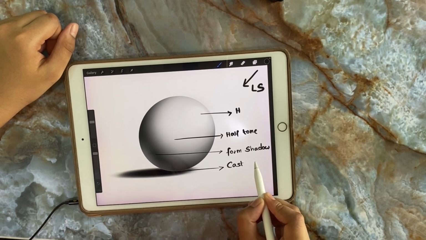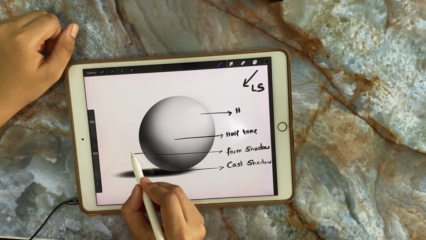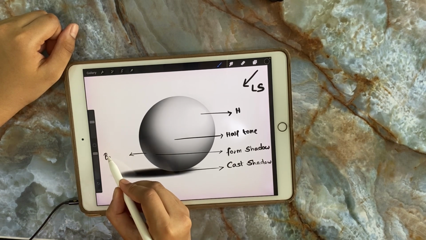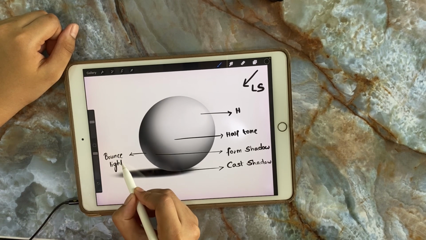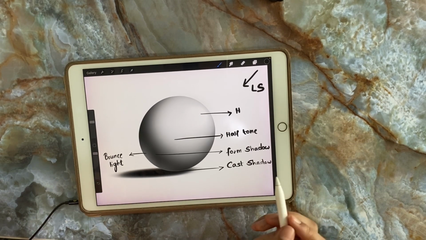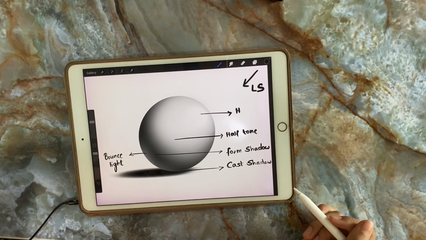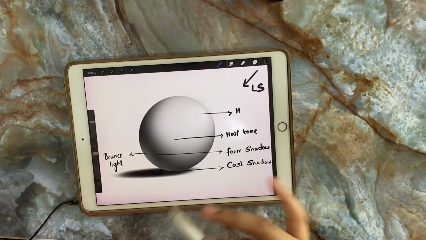This is the cast shadow, and here you have the bounce light. So if you consider all these things, it is more than enough to understand shading and shade better.